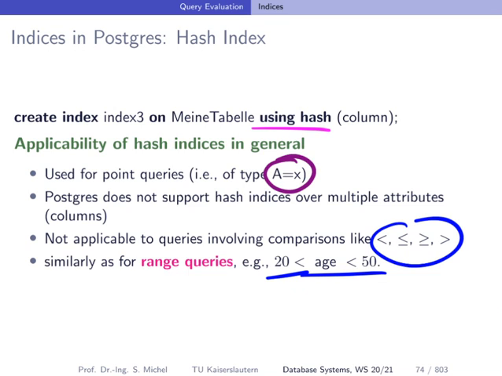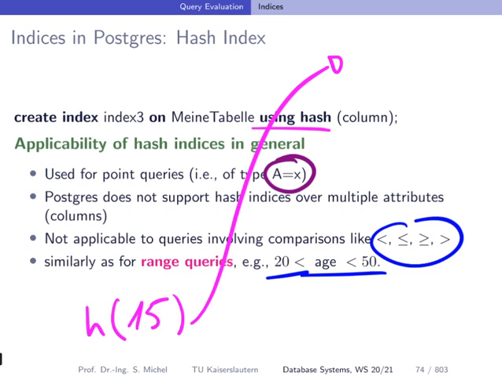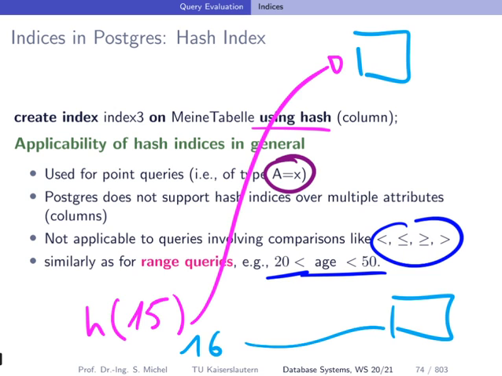If you recall again how hashing works, you have a hash function and you're mapping 15 to some space, right? So modulo or some other hash function. And then in general, it is not possible for every hash function to support ranges, because 15 might be hashed to this bucket and 16 might be hashed to another bucket and 17 might be hashed to another bucket.